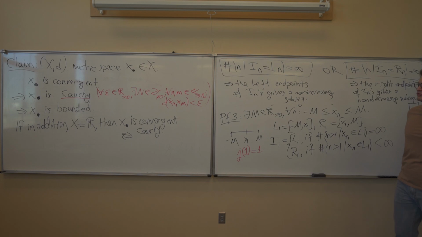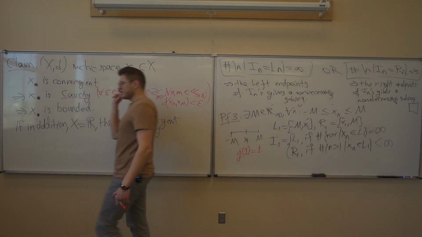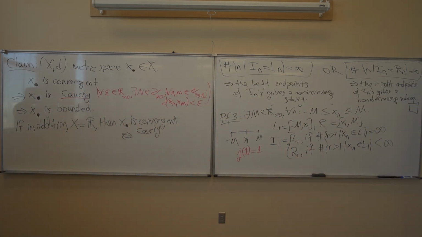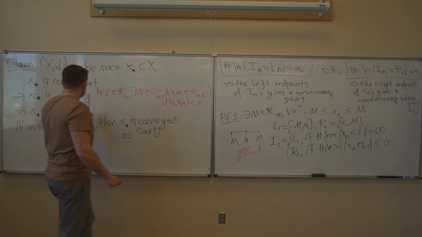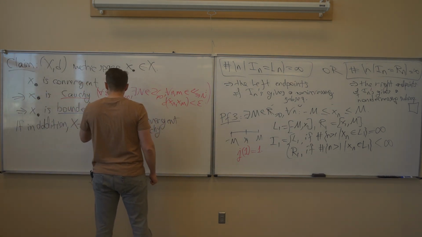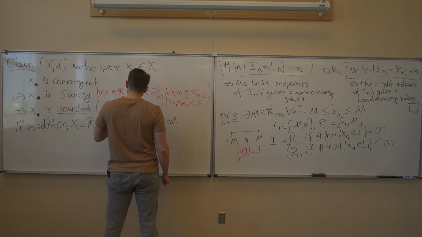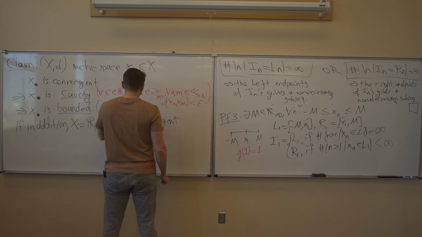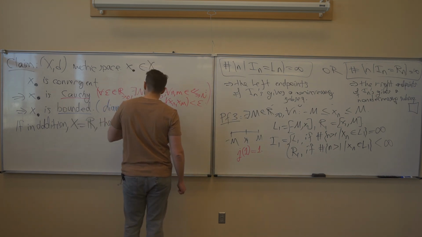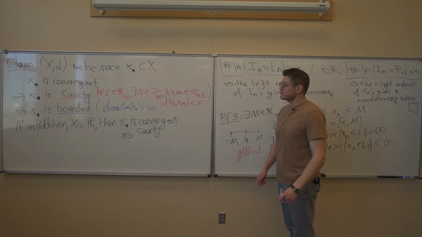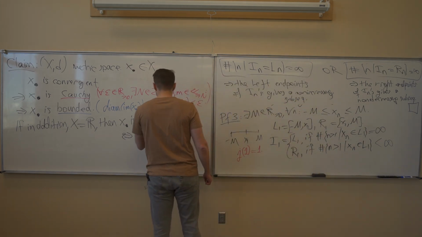Okay, so the idea is that if I were to wait long enough, this says that my sequence doesn't move too much. It still might move just a little bit, but it doesn't move too much. And how can I define X bullet being bounded? Well, what I can say is that X bullet is bounded if the diameter of its image is finite, where the diameter of a subset of a metric space is defined like this.